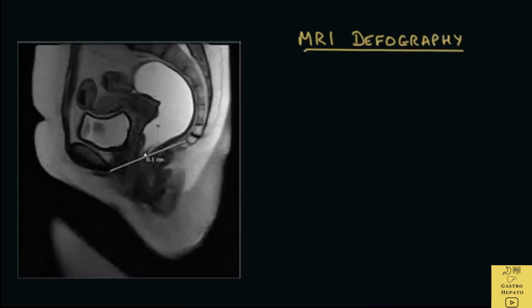Another test to study defecation is called defecography. Defecography is the study of a patient when he or she is actually passing motion. This test uses X-ray or MRI to study the pelvic muscles and defecation. A soft paste gel is inserted into the rectum, as is shown in this MRI image on the left side, which is white in color.